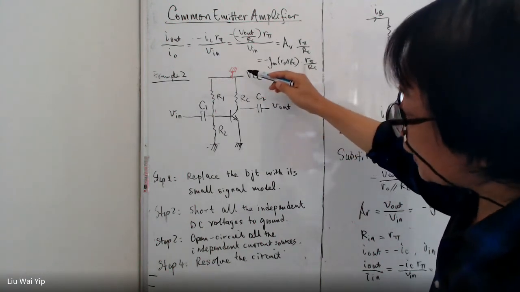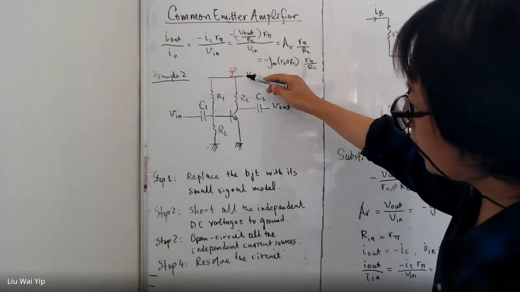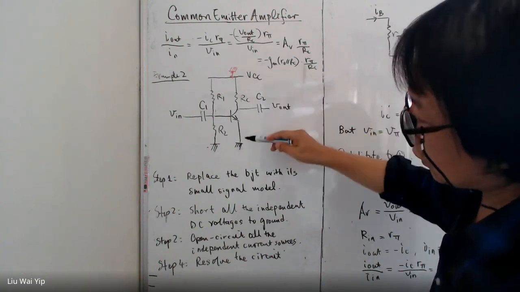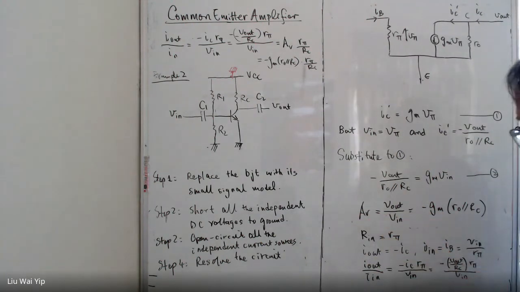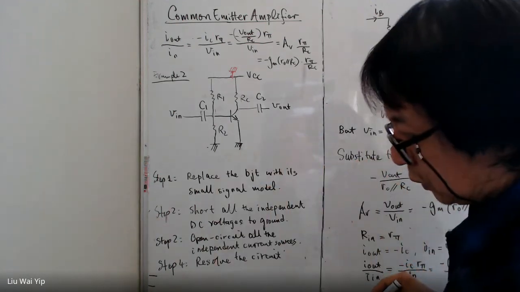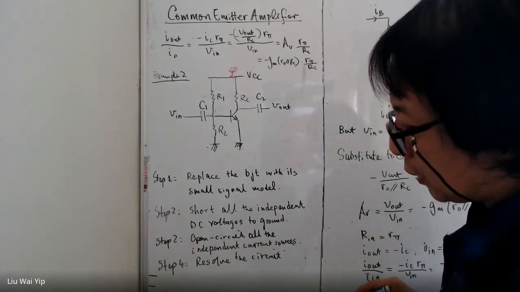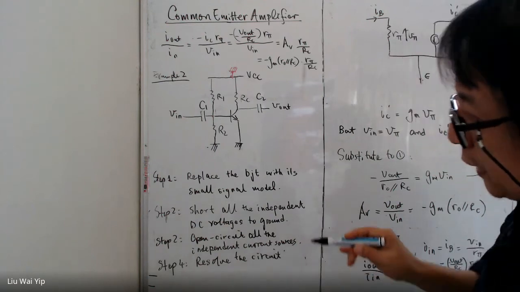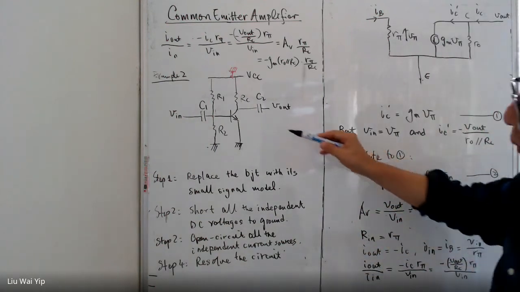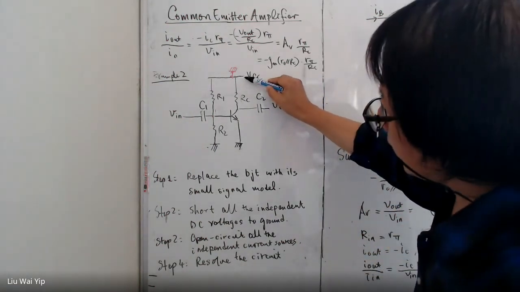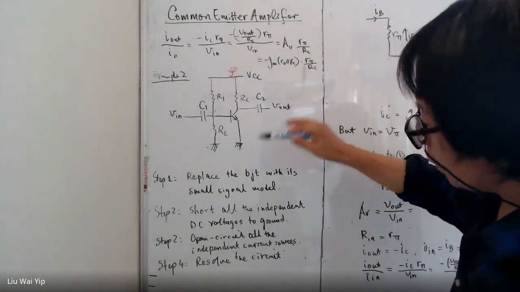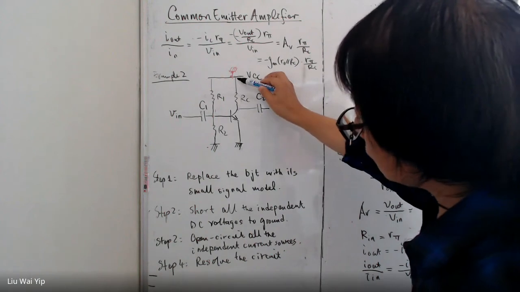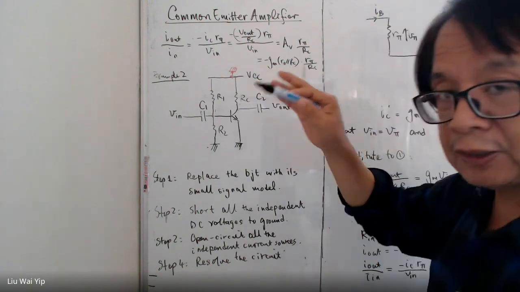In high frequency, even in microwave or any other high frequency circuit, this ground makes no difference. If you have a fixed voltage, we assume automatically it is ground. Even though there may not be any metallic connection between this point and this point, it's okay. As long as the voltage here is fixed, it is ground.